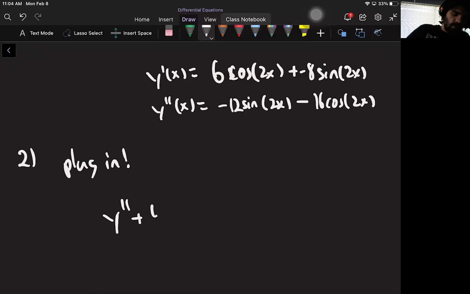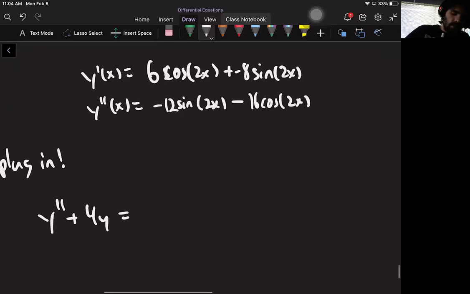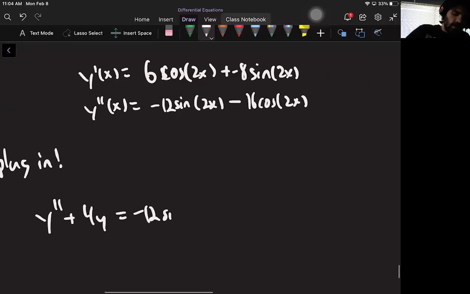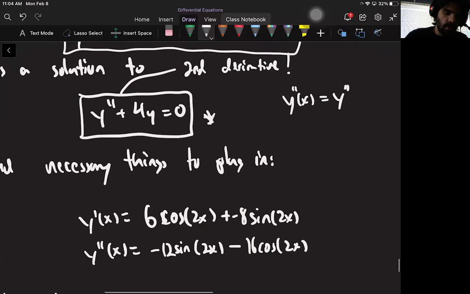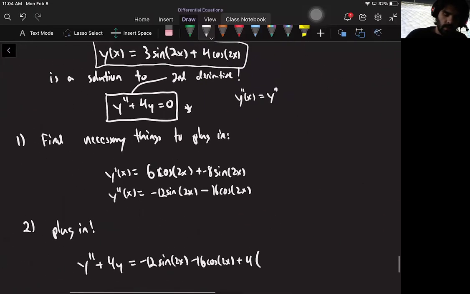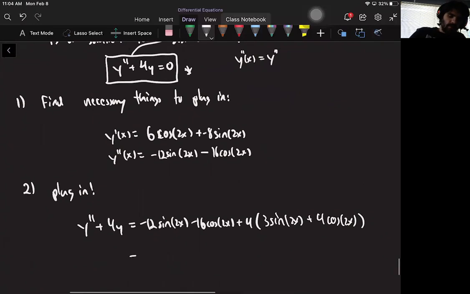y double prime plus 4y becomes negative 12 sine of 2x minus 16 cosine of 2x plus 4 times, what was y? It was this thing up here, 3 sine of 2x plus 4 cosine of 2x. Great. Distribute, and everything should work out.